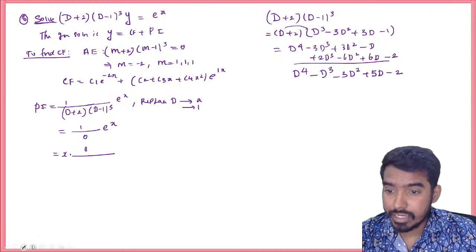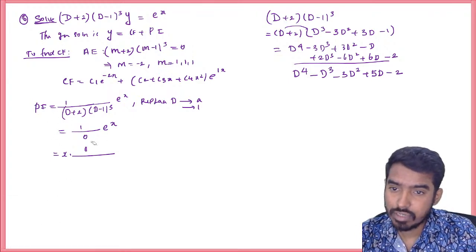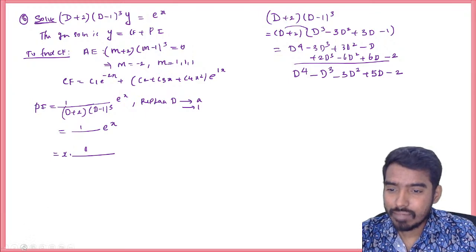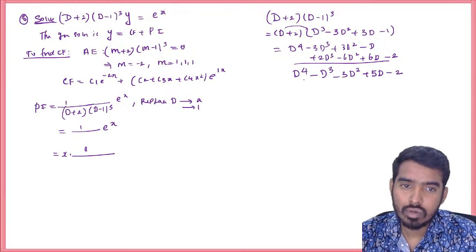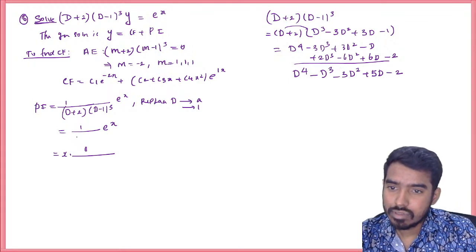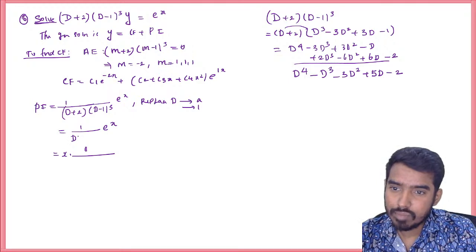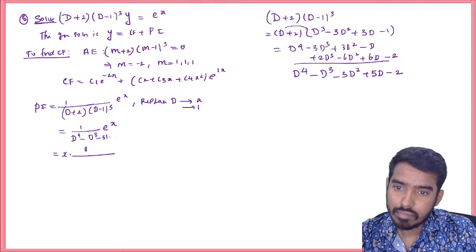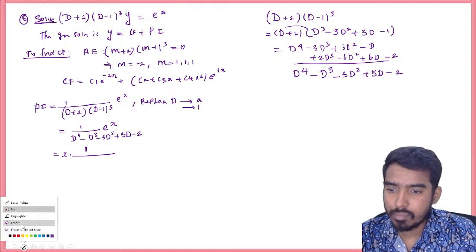This you can also write like this. Whatever you write, but if you put d is equal to 1 here, 1 minus 1 is 0, minus 3 plus 5 is 2, 2 minus 2 is 0, right? So instead of writing this, I'm going to write this as d power 4 minus d cube minus 3d square plus 5d minus 2 e power x.